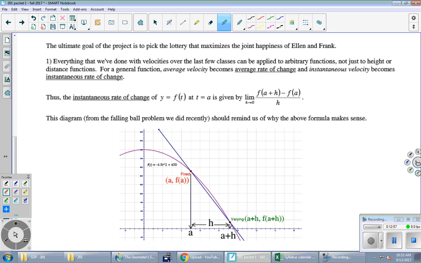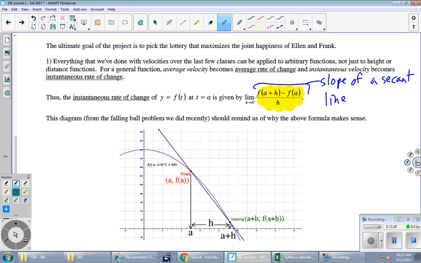So for a general function, instead of average velocity, we're just going to call it average rate of change. We're just making a more general statement here. And instead of instantaneous velocity, we'll call it instantaneous rate of change. So instantaneous rate of change, there's a fancy formula here, but I'm hoping it's starting to look familiar to us. We have seen this thing right here. I will point out that this right here is the slope of a secant line.